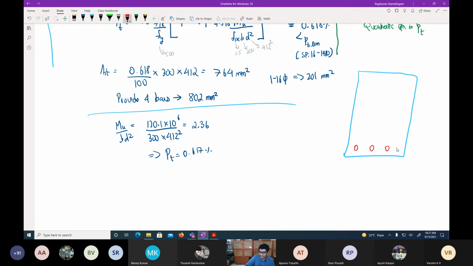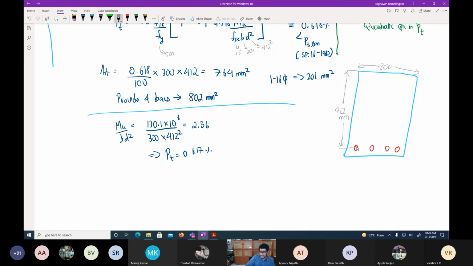So we have 4 numbers of 16 mm bars, an effective depth of 412 mm. Actually, you need not put mm always when you draw because it's understood.